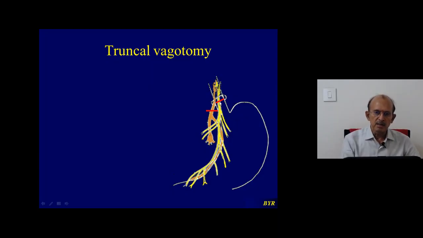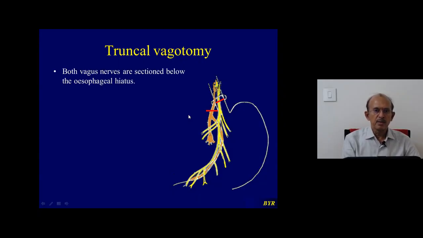If you cut the vagus nerve just below the esophageal hiatus, before it has given any branches, that is the main trunk. So that is called the truncal vagotomy. Both vagus nerves are sectioned below the esophageal hiatus.